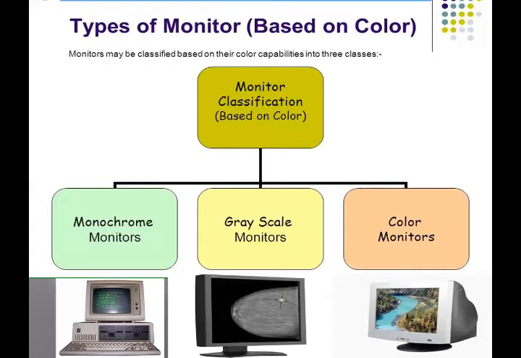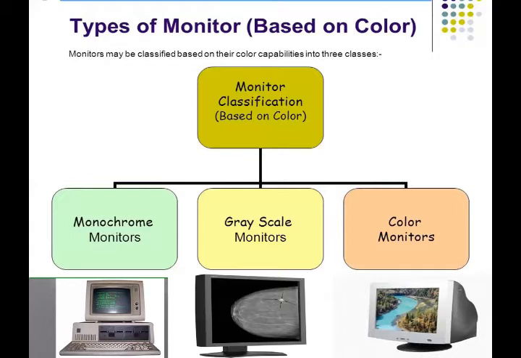RGB is the abbreviation of red, green, blue. Color monitors can display anywhere from 16 to over 1 million different colors. Monitors are sometimes called RGB monitors because they accept three separate signals: red, green, and blue.